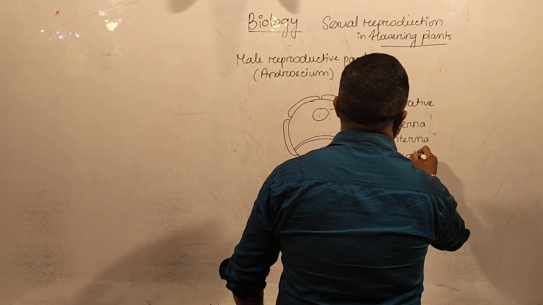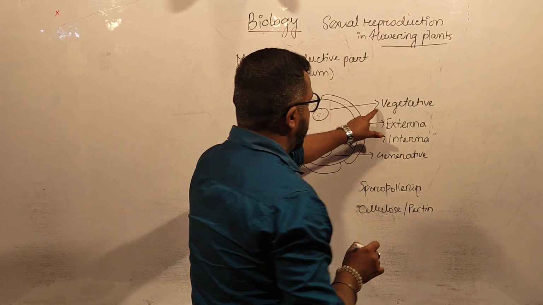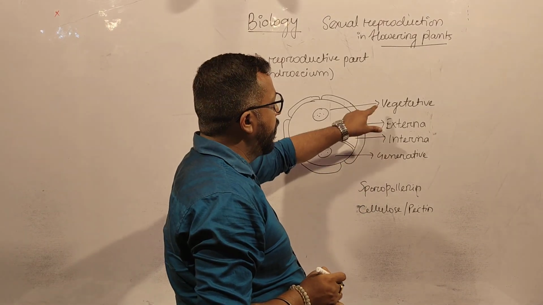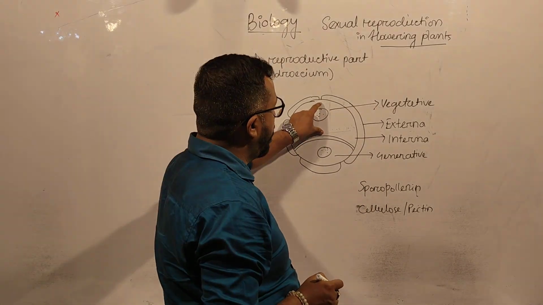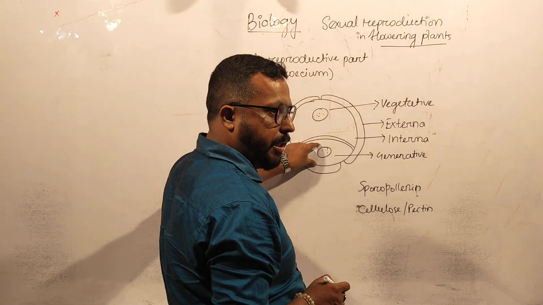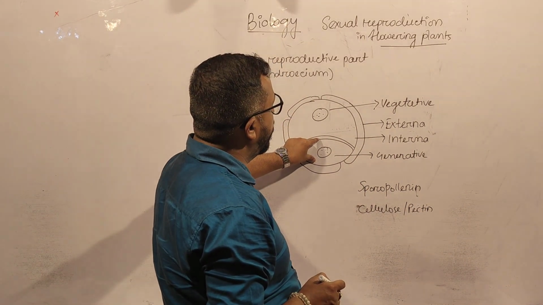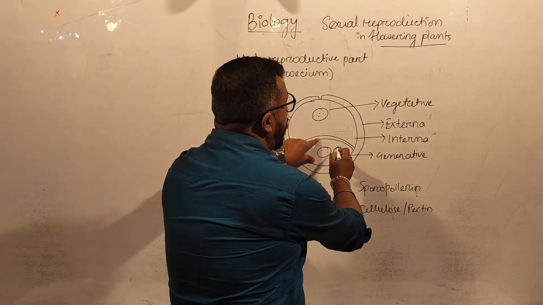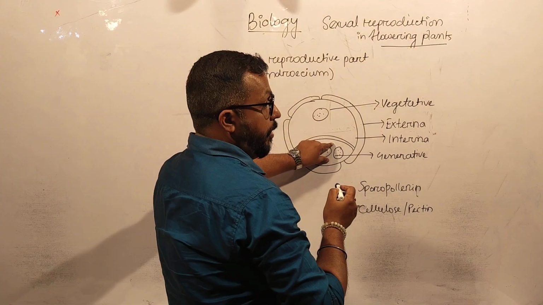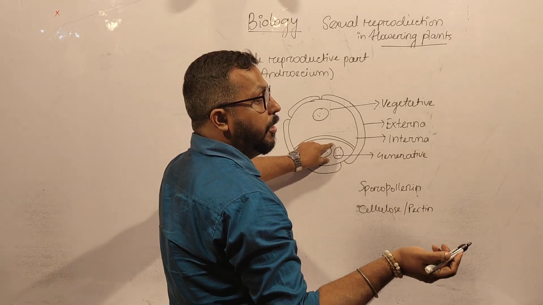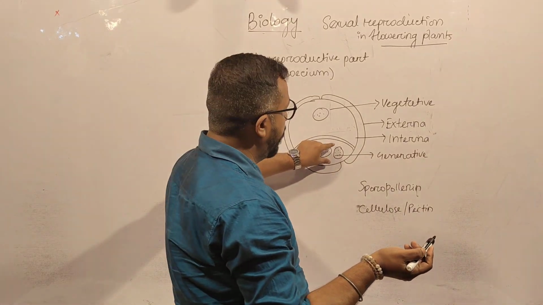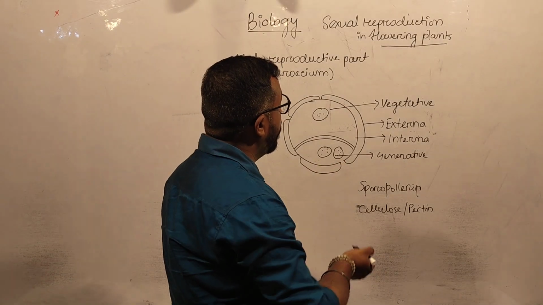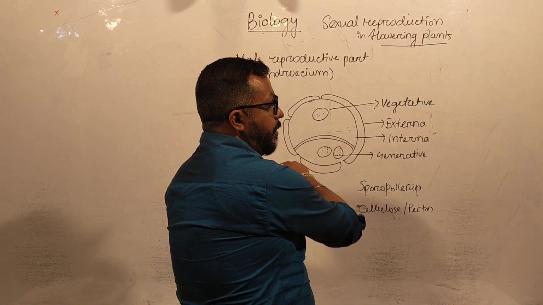The vegetative cell is going to provide nourishment to the generative cell, and the generative cell is going to divide into two before it fertilizes any of the female gametes. So there are going to be two generative cells.